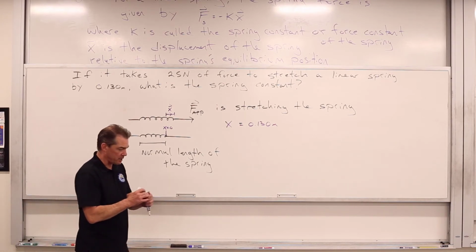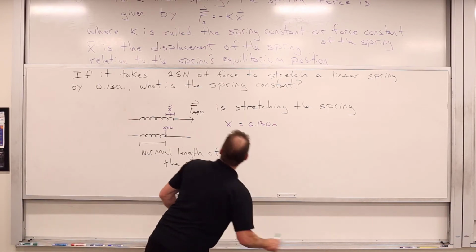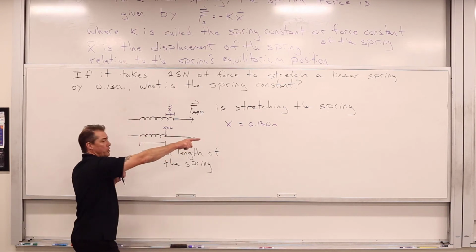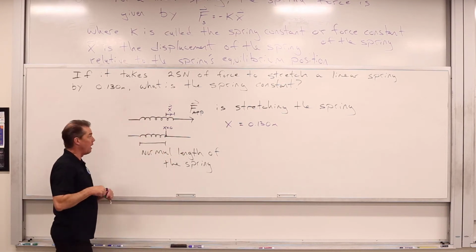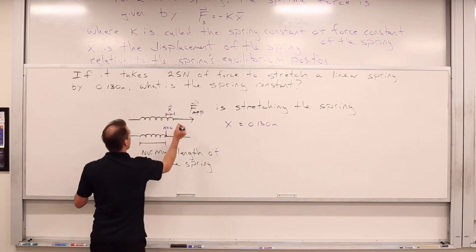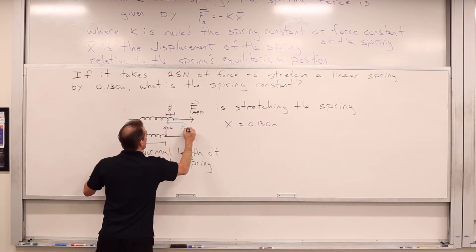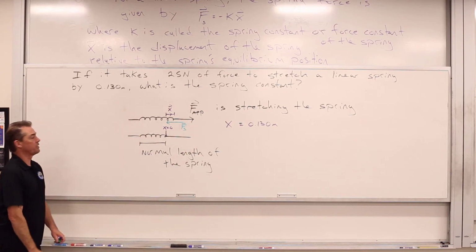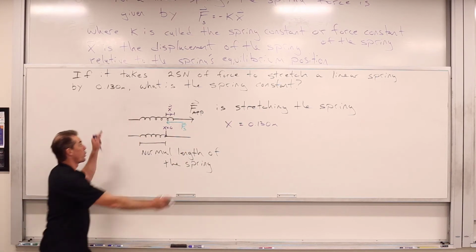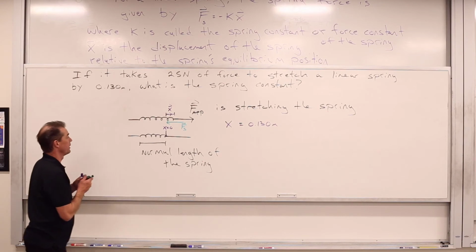Well, we've also got something else going on. As we stretch this spring this way, the spring exerts a force back on whatever's stretching it. So when we're over here, there is a spring force back in the opposite direction, wanting to restore the spring back to its natural length.